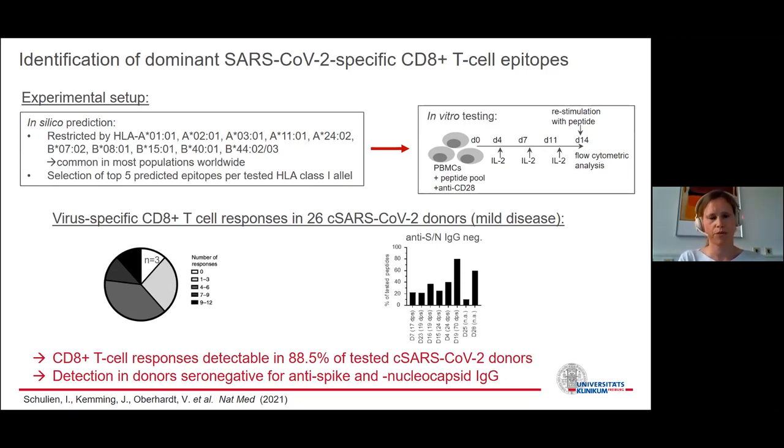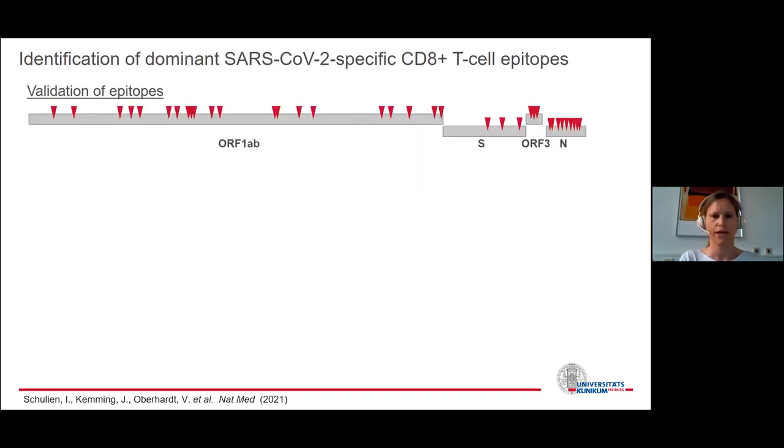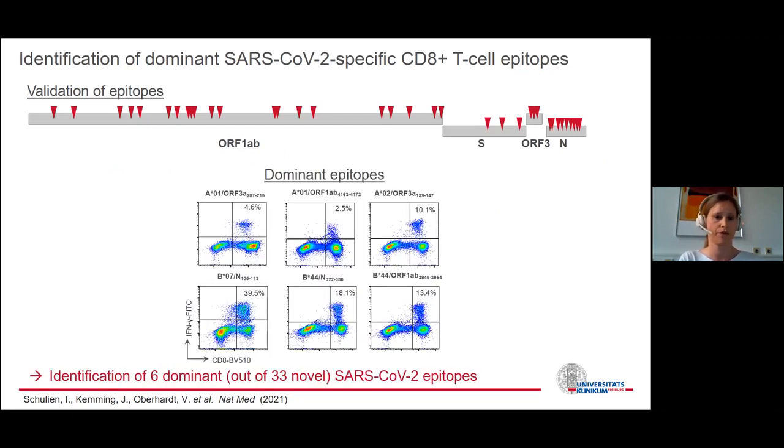But to really address the question about the kinetics, we had to validate the epitopes that were predicted and confirmed, and these were 33 in total, and we had to validate these for dominant epitopes. At the end, we came up with 6 dominant epitopes restricted by different HLA alleles and located in different viral proteins.